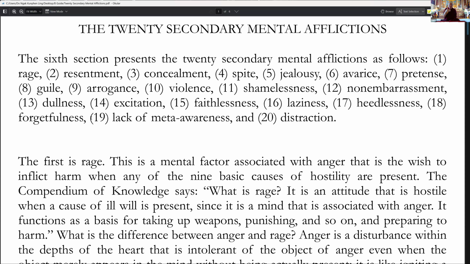But a mental action could be neutral. It's not necessarily negative. For example, let's say jealousy.